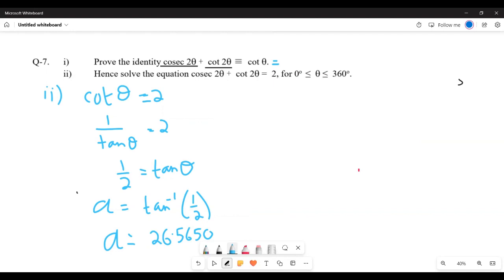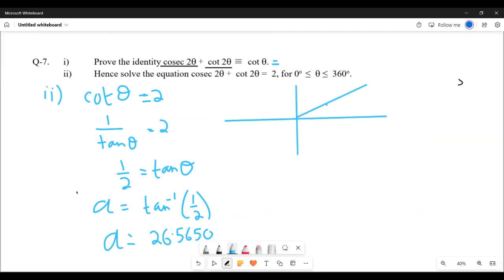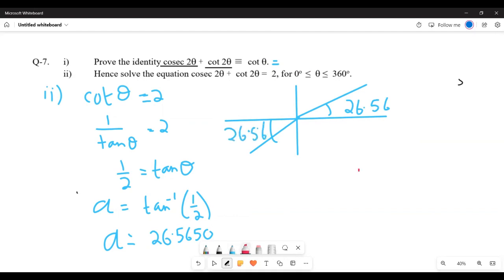Tan theta is positive half, so where is tan positive? First quadrant and third quadrant. So this is 26.56 and 26.56. And since the domain is between 0 to 360 degrees, we'll be including both the angles. So the first answer for theta is 26.6 after rounding.